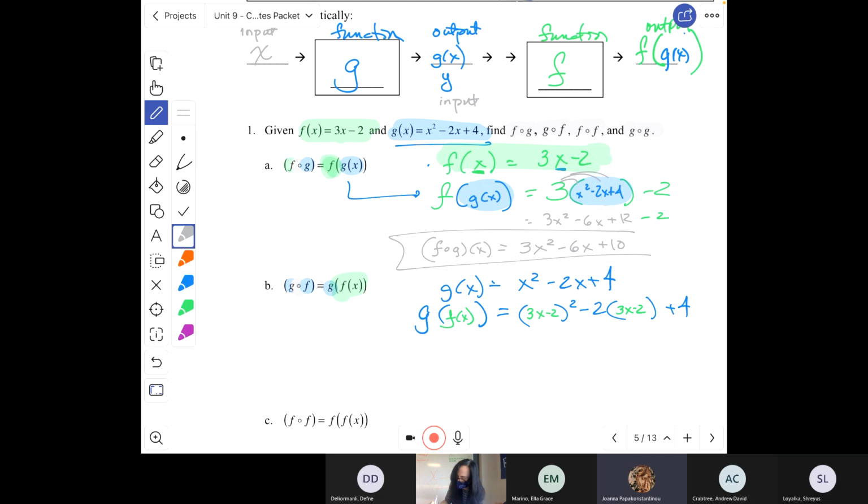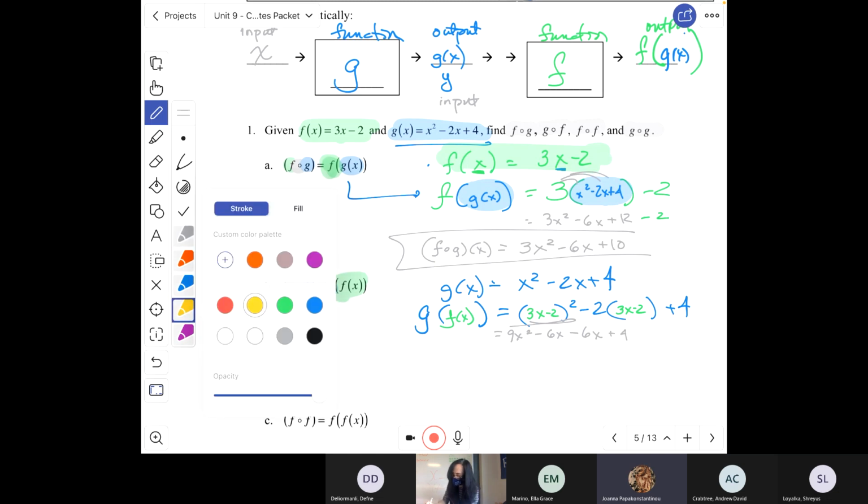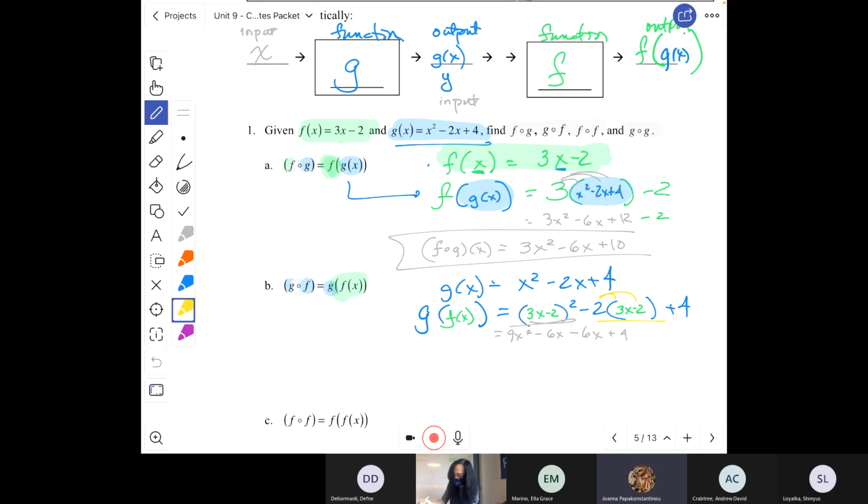So how am I going to approach this? Well, what do I have to do to this? I have to FOIL it. I sure do. Okay, so if I FOIL that, that will give me 9x squared minus 6x minus 6x plus 4. And then what do I do to this? I just distribute, right?